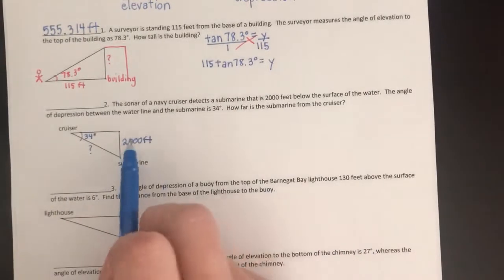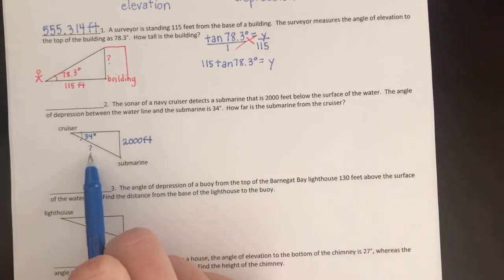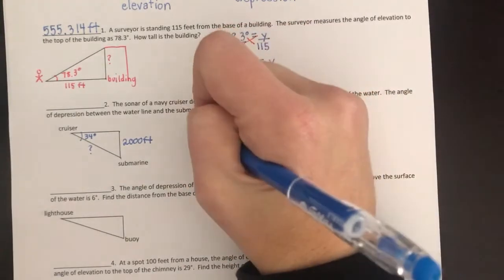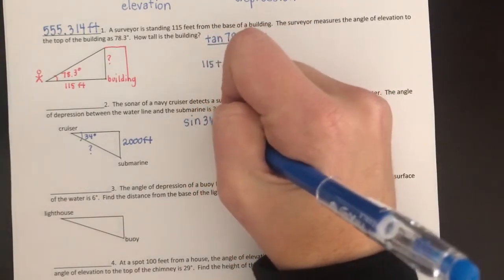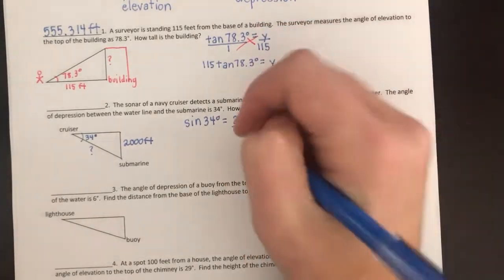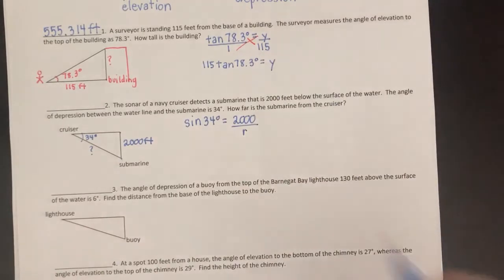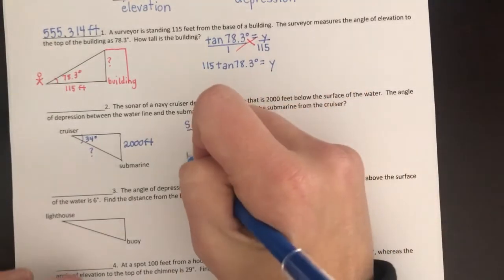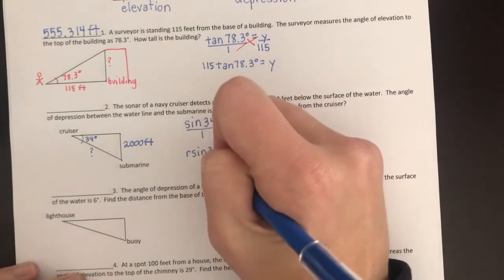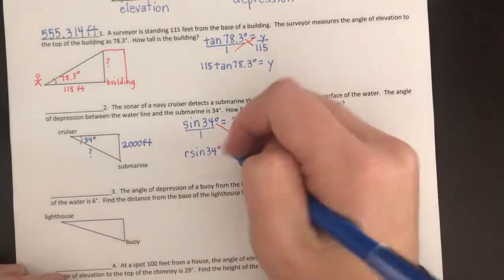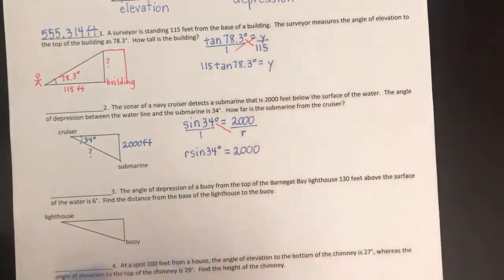So what do we have here? We have y, and our unknown is r. What trig function uses the ratio of y and r? That's going to be sine. So sine of 34 degrees equals 2,000 over r, where r is the unknown. Make our fraction, cross multiply. So r times sine of 34 degrees equals 1 times 2,000, which is just 2,000.